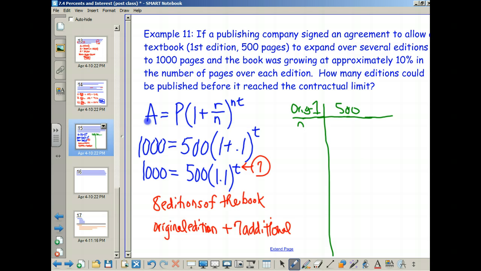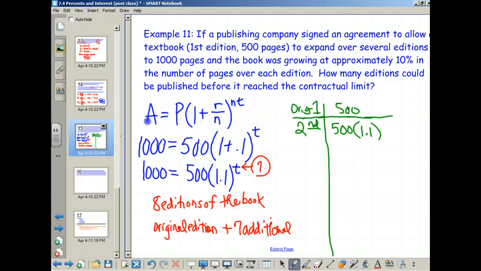And then I can take my second edition, and what I do is I take that 500 and I multiply it by 1.1. The reason I multiply it by 1.1 is because the 1 in the 1.1 is the original amount of pages of the book. The 0.1 is the 10% increase.